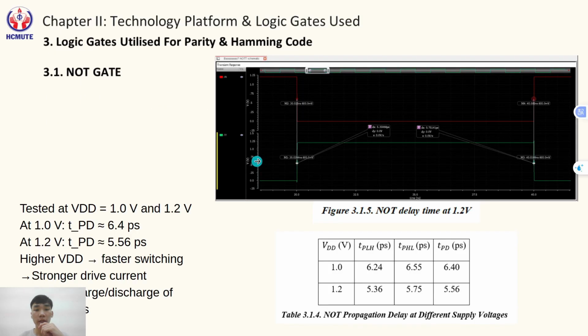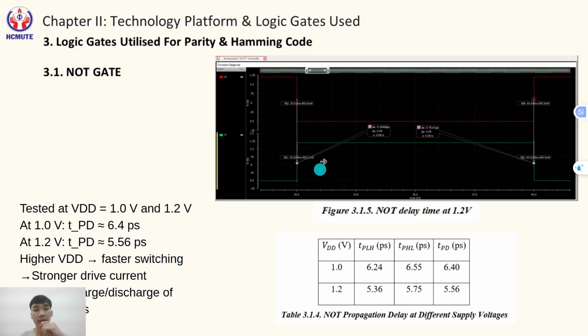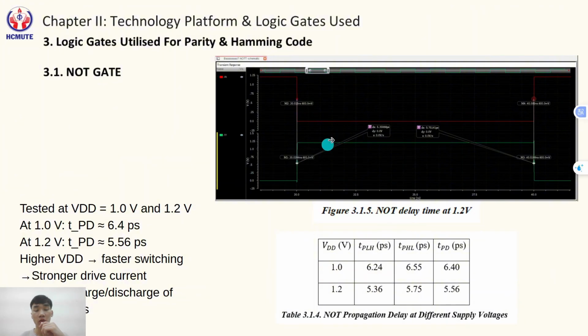During this measurement, we test at two different supply voltages, 1 and 1.2 volt. At 1 volt, the software measures tPD approximately 6.4 picoseconds. This means that from the moment the input changes, it takes approximately 6.4 picoseconds for the output to reach its new stable state.